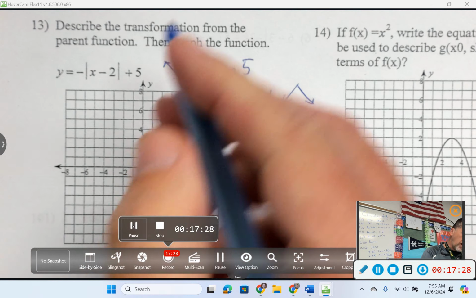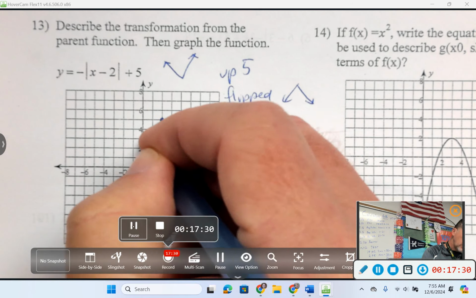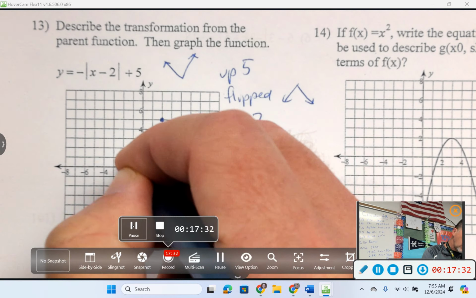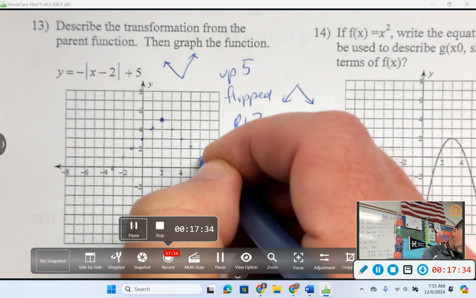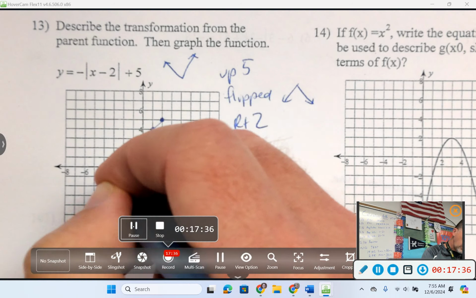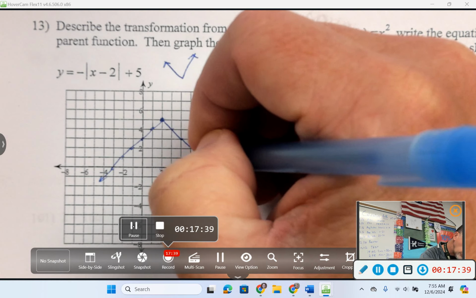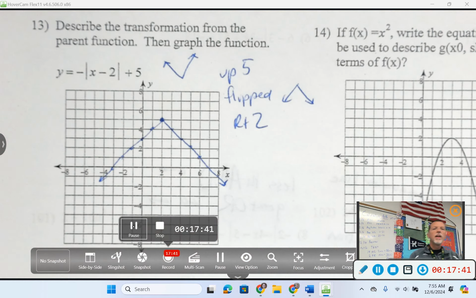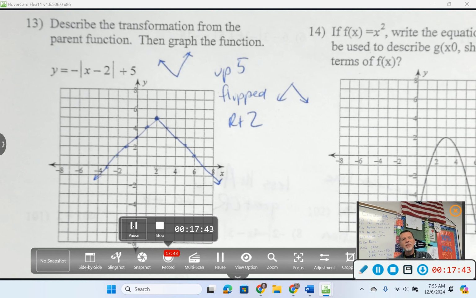Right 2, up 5, and flipped. I mean, maybe this seems silly, but occasionally students get all the transformations right, but then graph the wrong function. Like graph a parabola or graph a square root.